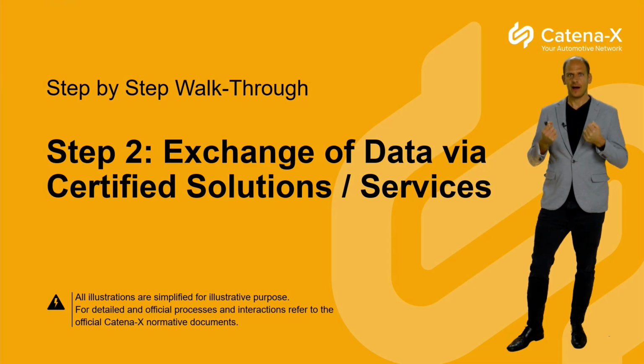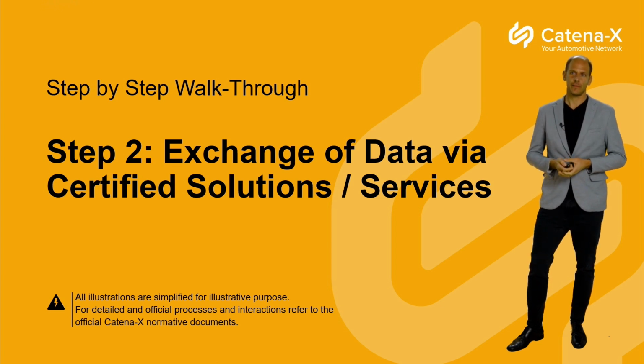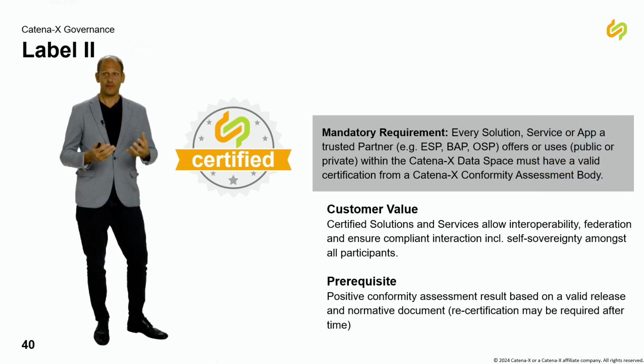Oliver now explained how trust comes in our network. Let me explain now the next step, how to exchange data via certified solutions and services in our step-by-step walkthrough. Therefore, we created the label certified.